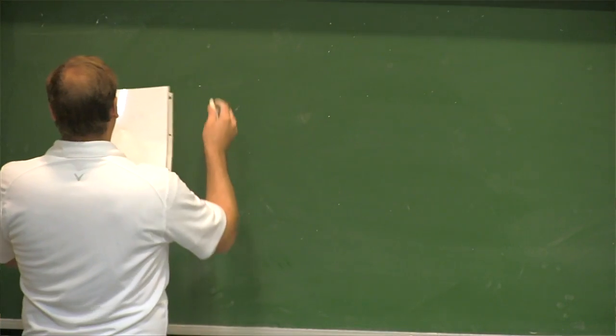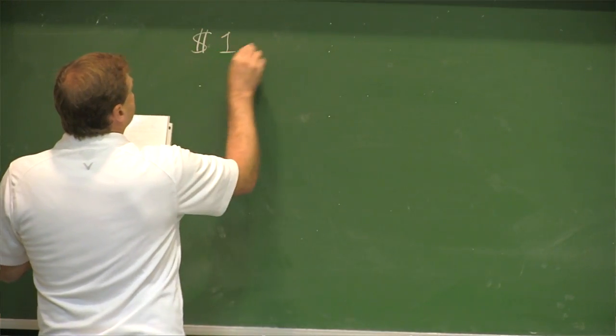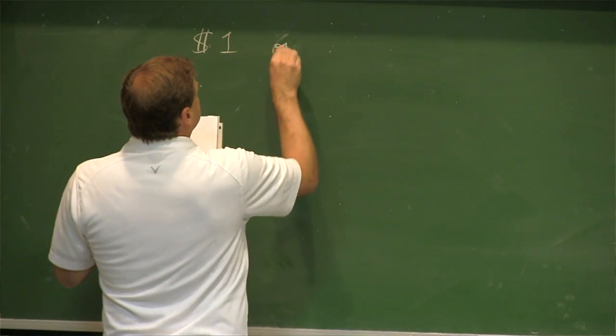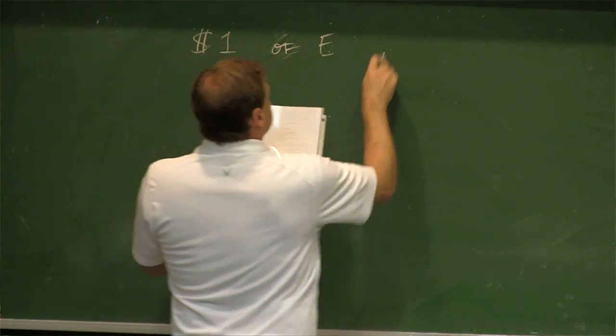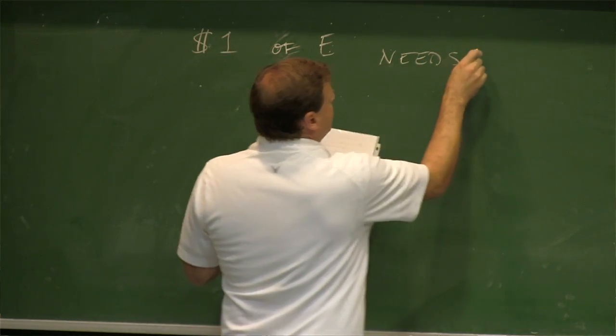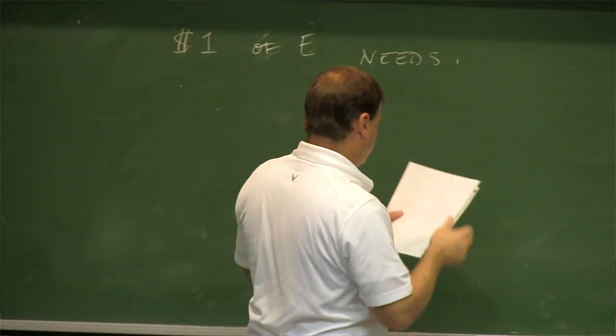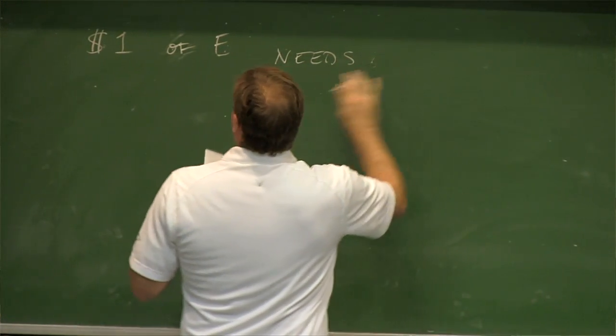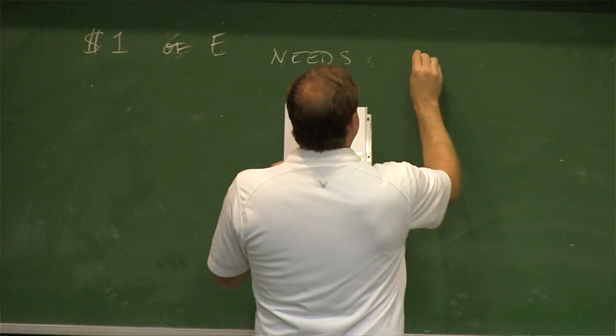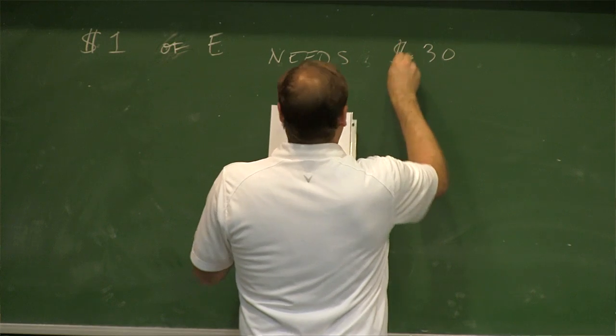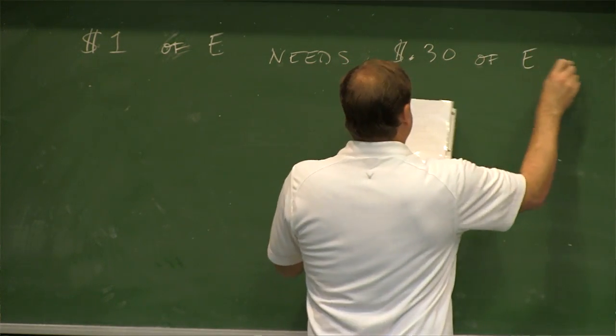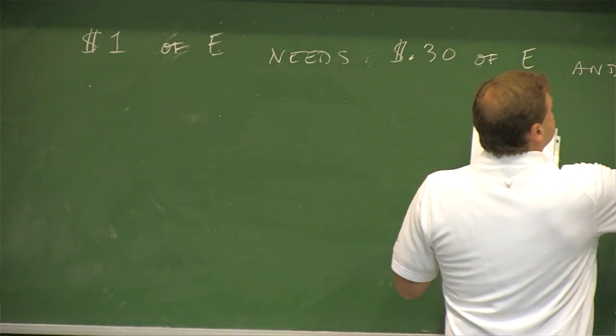Let's assign some variables now. Okay, so $1 of electricity needs, and these are just numbers I'm giving you, so you have to have something to be given in the problem, $1 of electricity needs 30 cents of electricity and 10 cents of water.